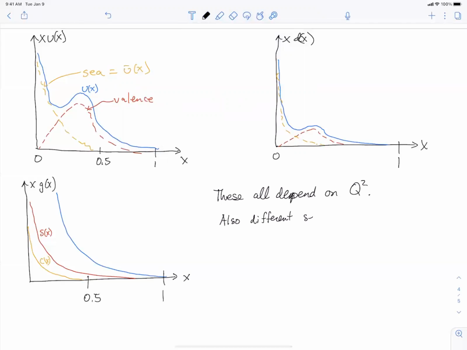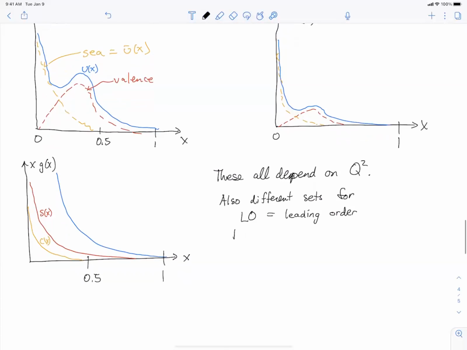So there are different sets: LO means leading order. They'll ask, did you do a leading order calculation or did you include loop corrections? If you only did leading order, you should use this set. If you included next to leading order, which means loop corrections, then you should use this set instead.